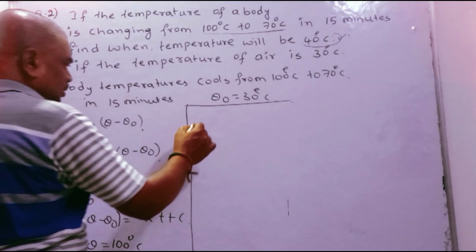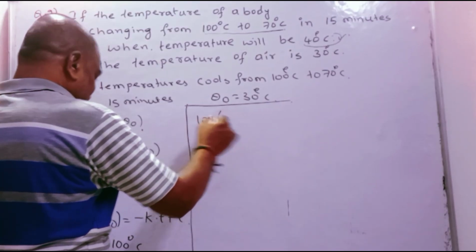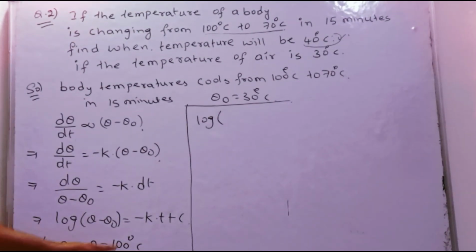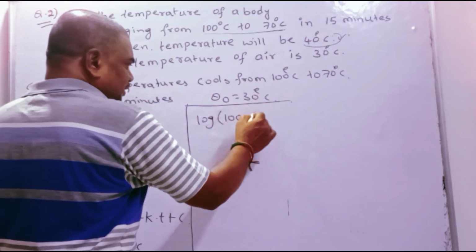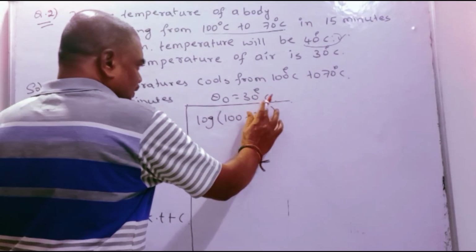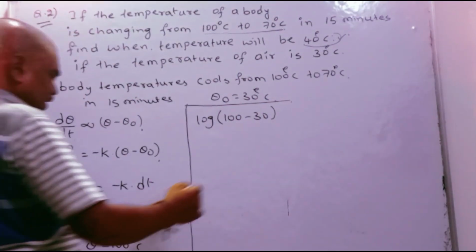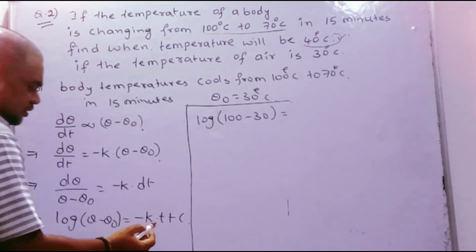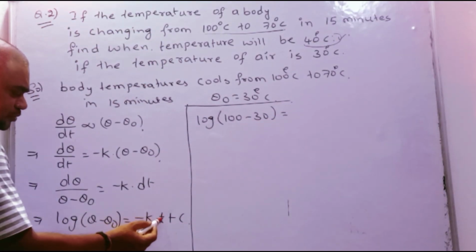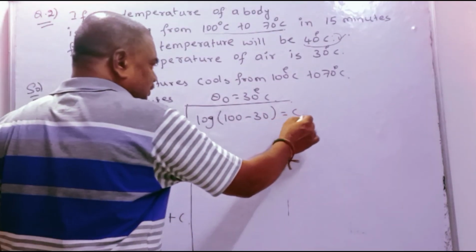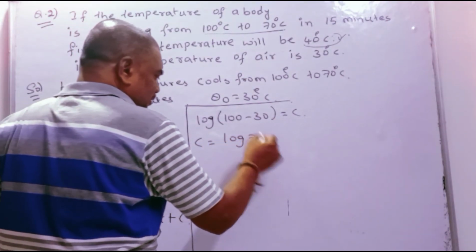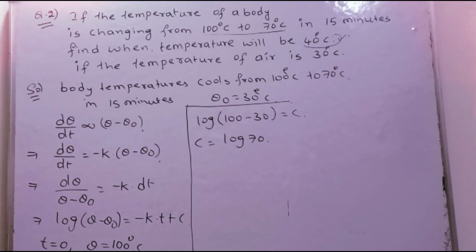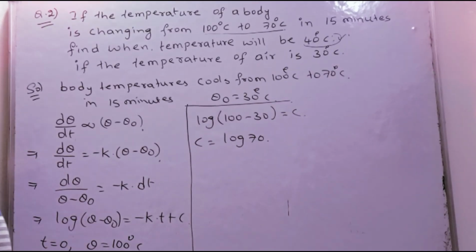That is log of (100 minus 30), with t equal to 0, so minus k into 0 equals c. So c equals log 70.